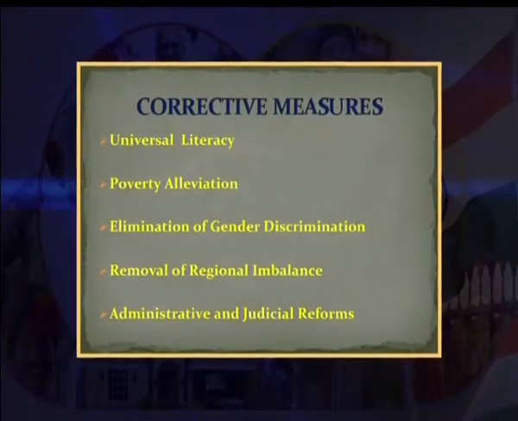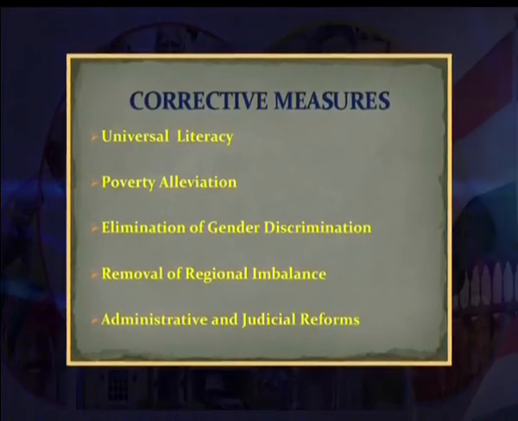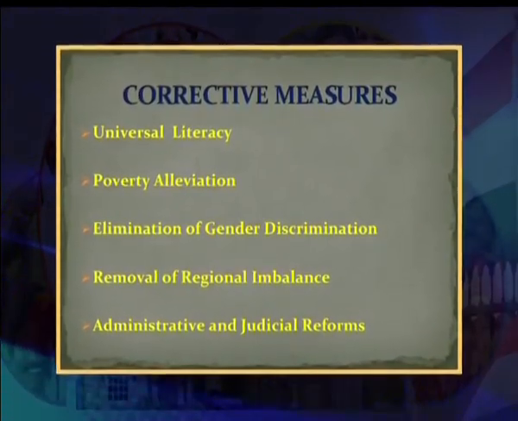The government, the political parties and other political and social organizations must play their respective roles in the fight against these challenges. Now, we will understand some of the corrective measures that are necessary for the smooth functioning of democracy.